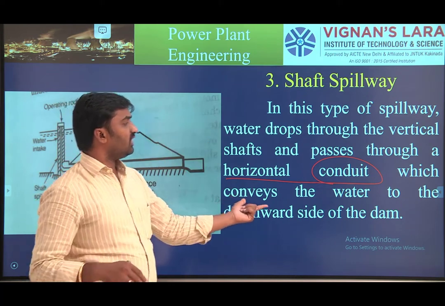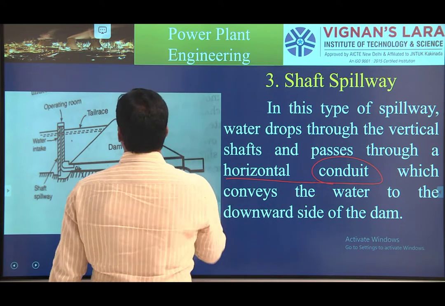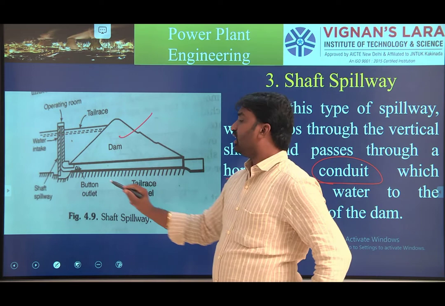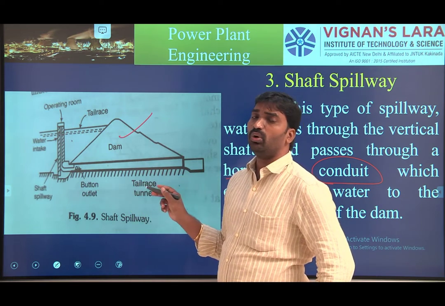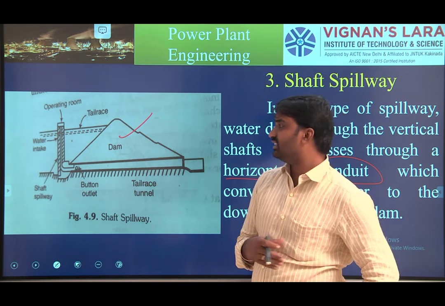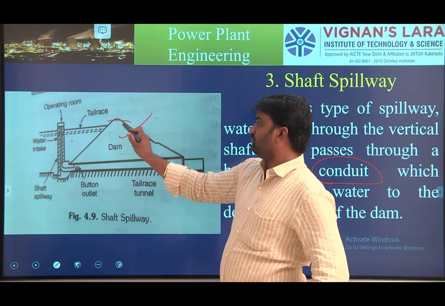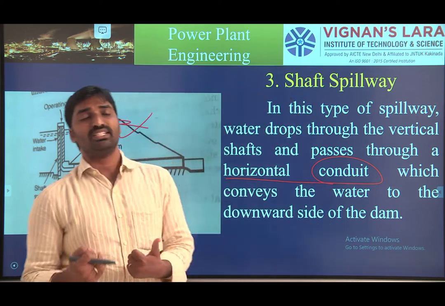Okay. So here the water goes to the downside of the dam. See here, the dam is on the upper side and the conduit is arranged below the dam. So it automatically reduces the erosion. Otherwise it causes erosion of the dam, and it decreases the storage capacity of the dam.